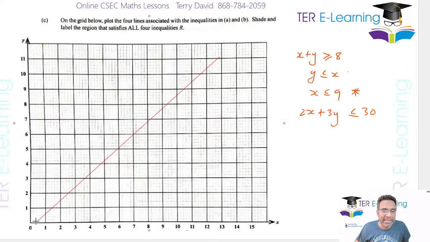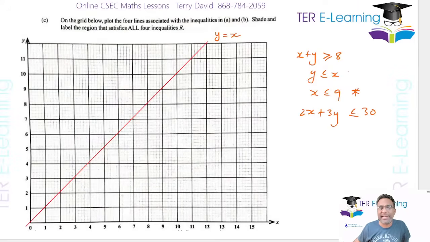That's an easy line to draw. So y is equal to x looks like this. So this here represents the line y is equal to x. So that's one line that I need to draw.